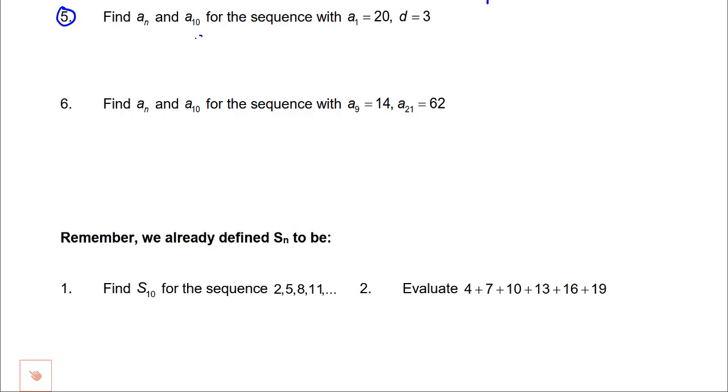So A sub n is, who's the first stepping stone? 20 plus, how many steps do I take? N minus 1. 1 less than the stepping stone I want to get to, right? And how big is each step? 3. Which becomes 3n what?